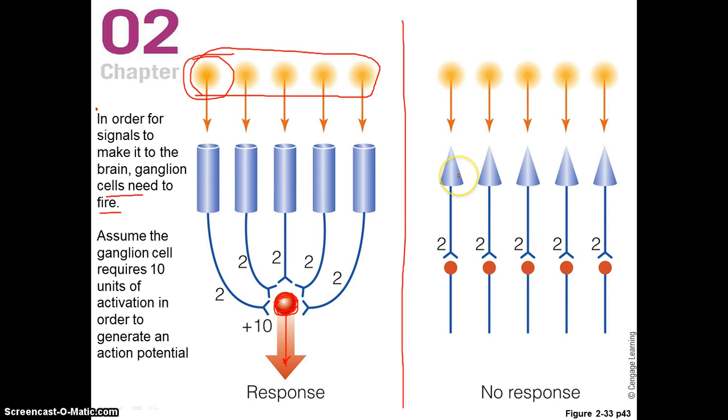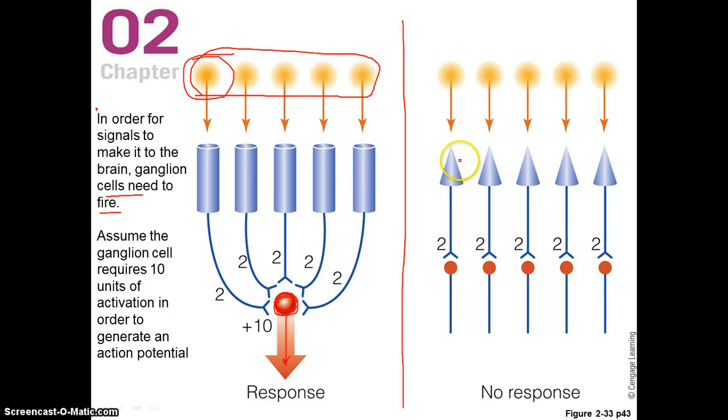And the flip side is that the cones are less sensitive to light, so it takes light of a higher intensity for them to respond, but they have greater visual acuity. We'll take a look at why that is in the next slide.